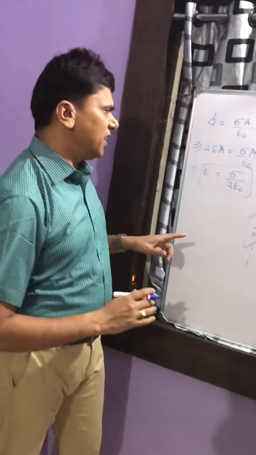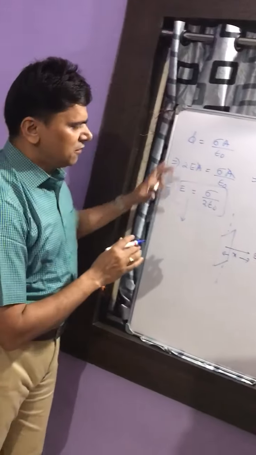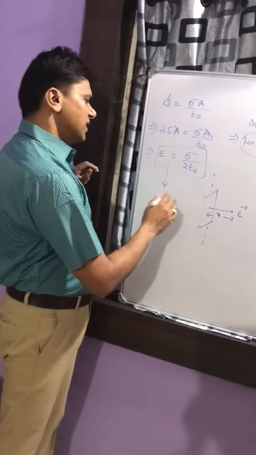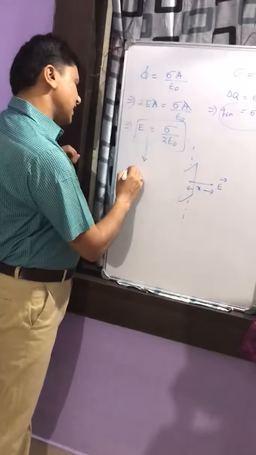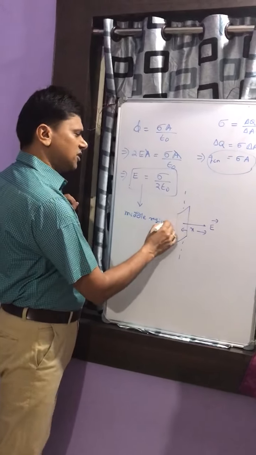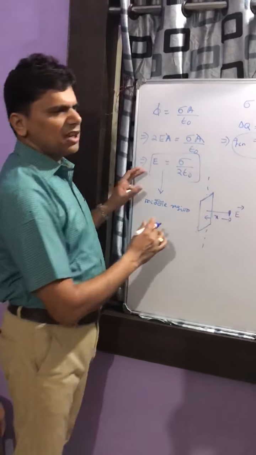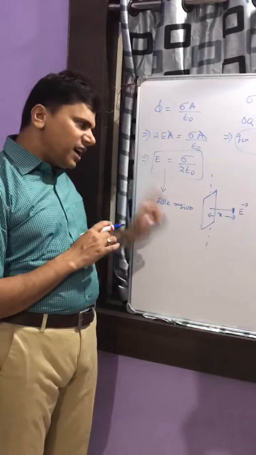The second point is, if you really want to apply this formula to a finite charge distribution, then this formula will be correct in the middle region of the charge distribution. That means if this is the charge distribution, somewhere here this formula will be correct for a finite sheet.